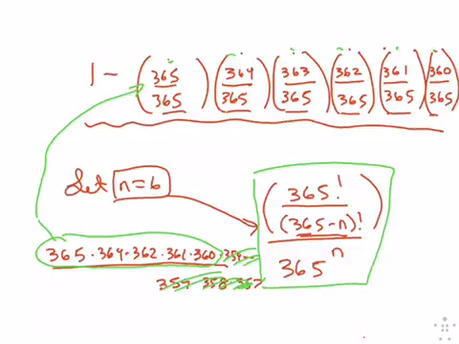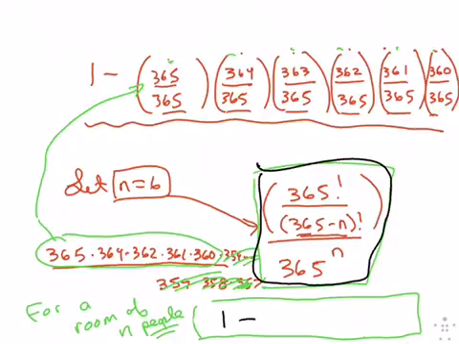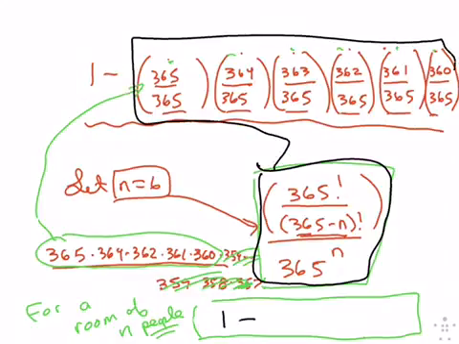Now that's a complex fraction, so I am going to clean it up. So it turns out if you're looking for a formula, we can generalize for a room of n people. So now, if you want to change it to 20 people, 30 people, 40 people in a room, for a room of n people, we could say that the probability that at least 2 share the same birthday would be 1 minus, and now we have this expression here that will take care of this expansion.